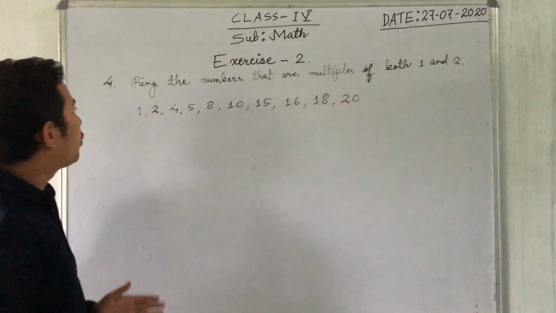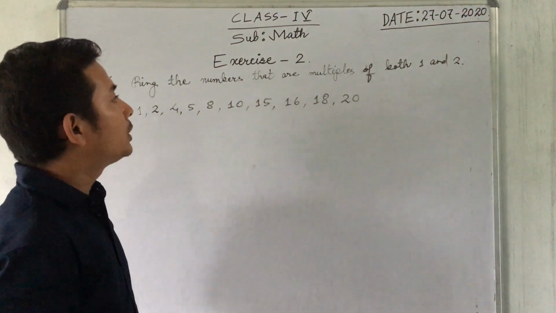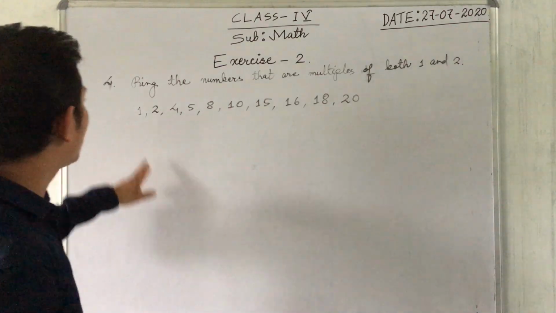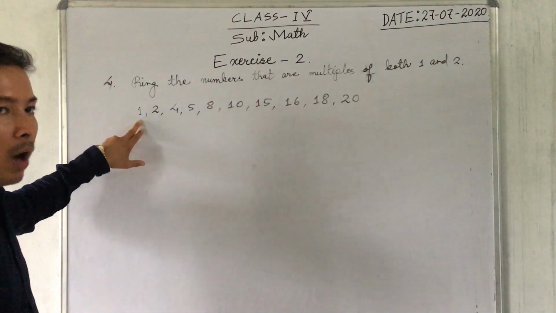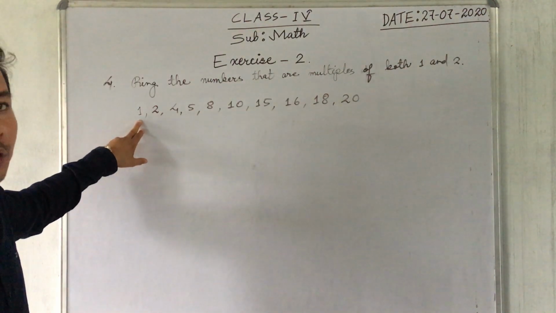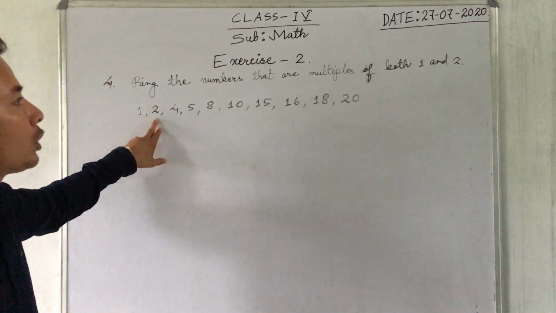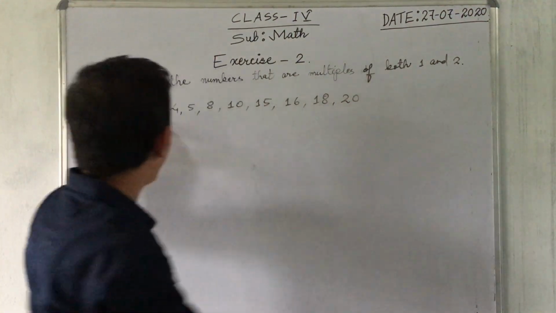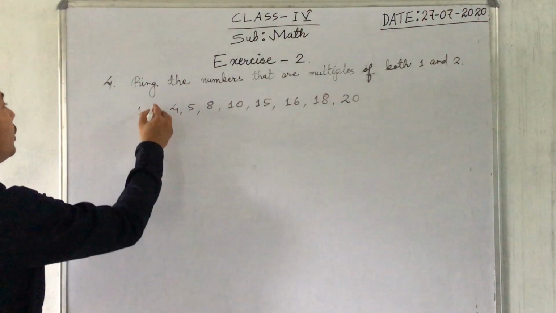We have to ring only the number which is a multiple of both 1 and 2. So look here, 1. 1 times 1 is 1, but this 1 is not a multiple of 2 because 1 times 2 is 2, right? But 2 is a multiple of both 1 and 2 because 2 times 1 is 2 and 1 times 2 is 2.